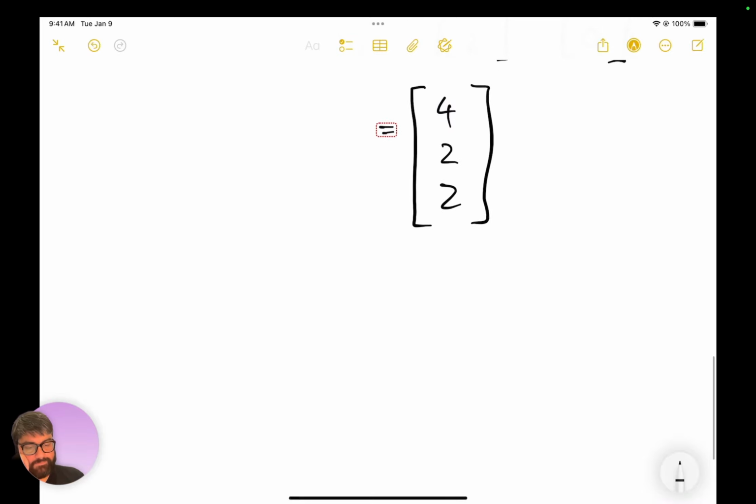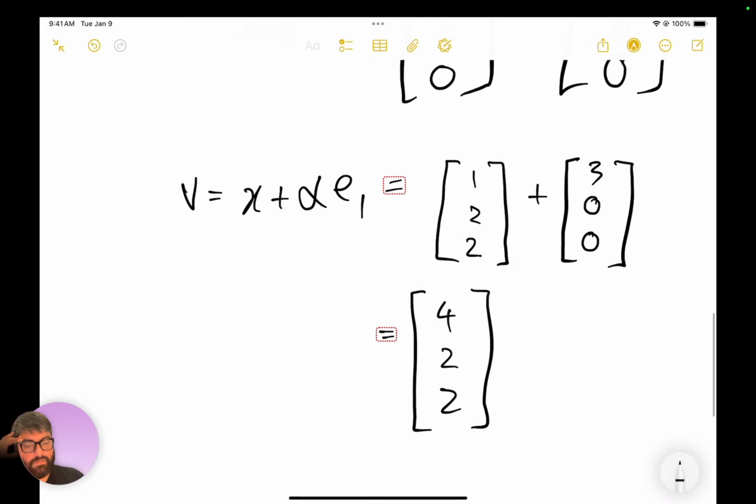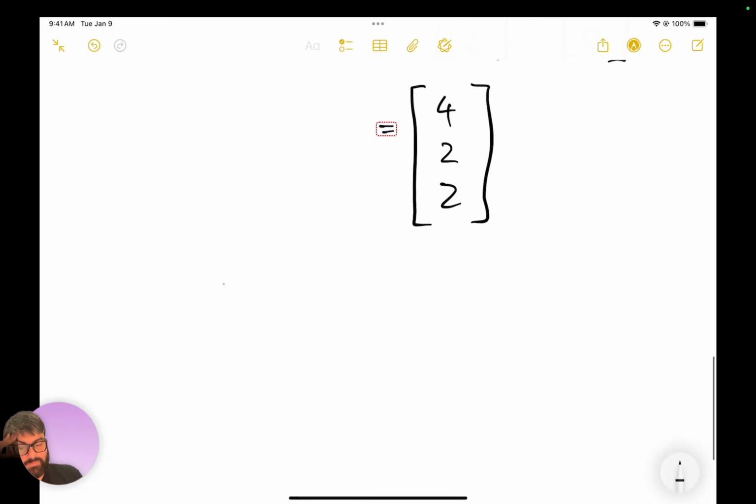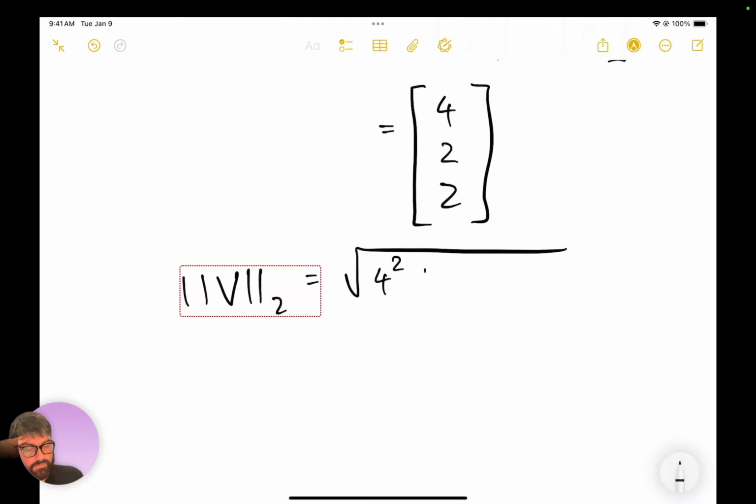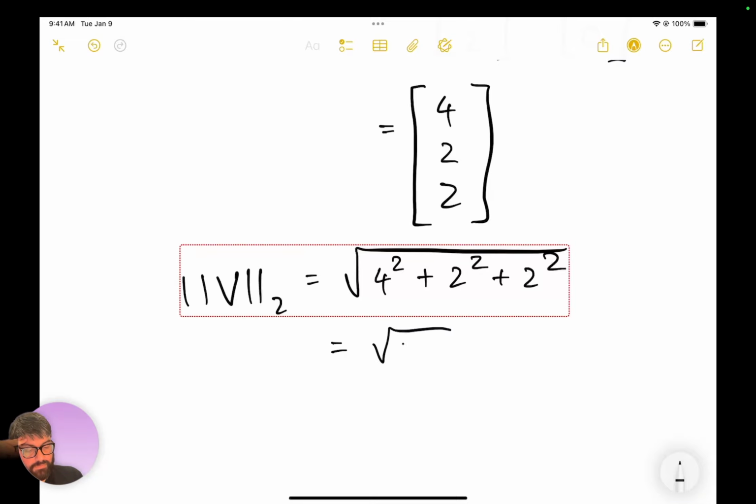Pretty straightforward, right? Now, what is the norm of V? It's like we're computing the norm again, essentially. So that is the root of 4 squared plus 2 squared plus 2 squared, which equals 16 plus 4 plus 4. So that's the root of 24.